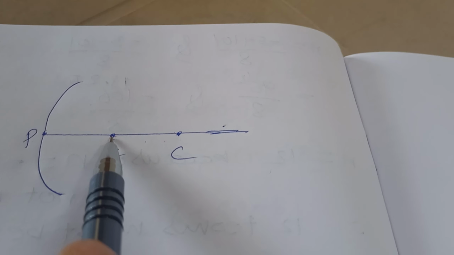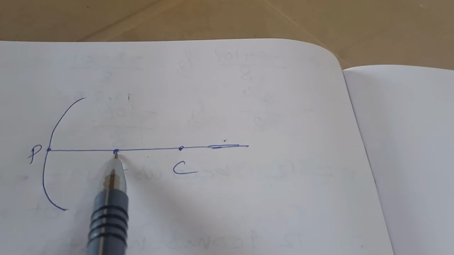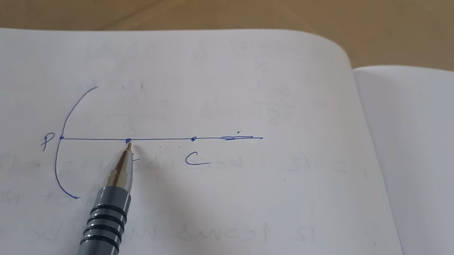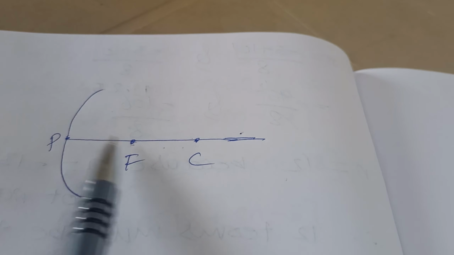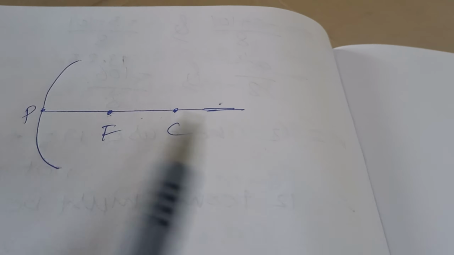Next, if the object is at the focus, the image is at infinity. If we keep the object between the pole and the focus, we get the image behind the mirror.